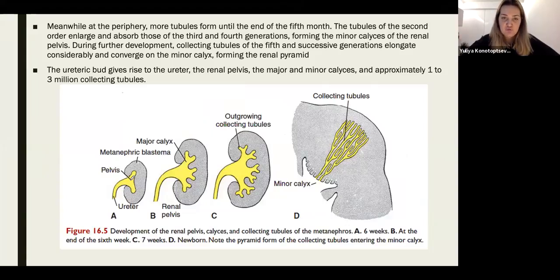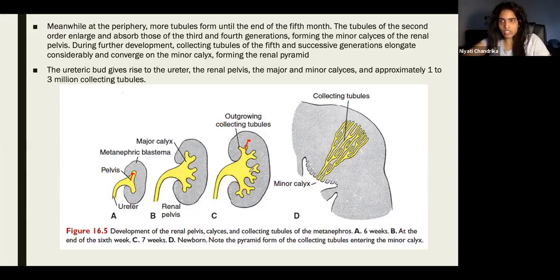The renal pelvis starts to divide and creates major calyces. Major calyces start to divide and give you minor calyces. Minor calyces go deep into the metanephric tissue, creating a bunch of collecting ducts. So which system did we just make?